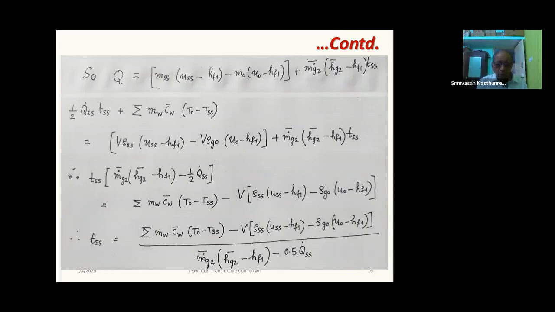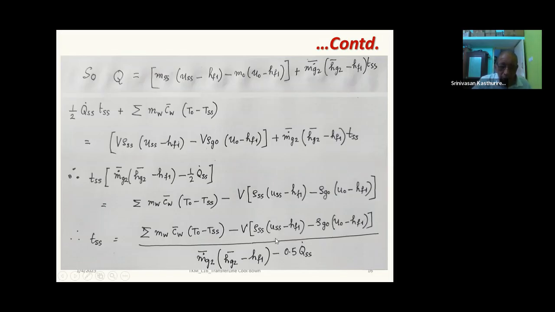That value, minus V, is the volume of that particular space, then the density of the fluid in the steady state, its internal energy minus the enthalpy of the liquid at the entry, and then this particular term is the gas density multiplied by its internal energy minus the enthalpy of the liquid at the entry, which is entering.